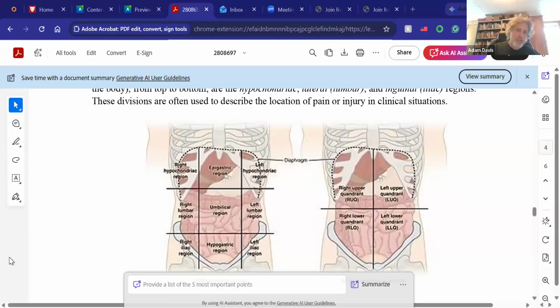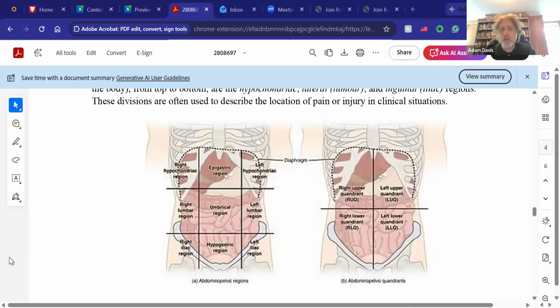In medical contexts, and also for describing where things are found in the abdominopelvic cavity, there are two different ways that anatomists and physicians divide up this cavity for descriptive purposes, for purposes of saying where things are found within it.